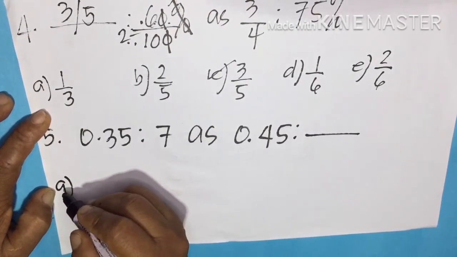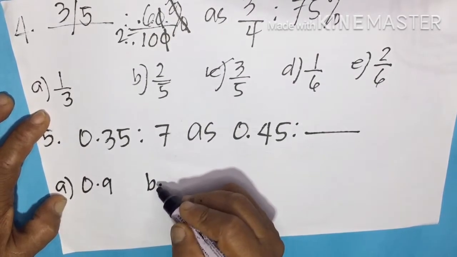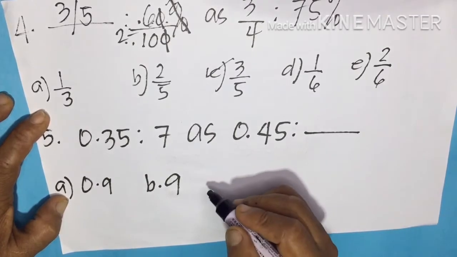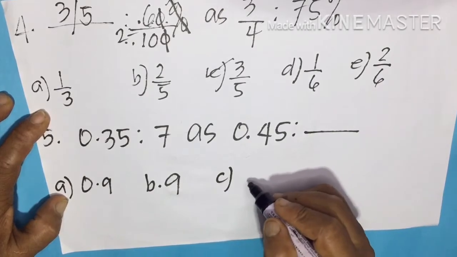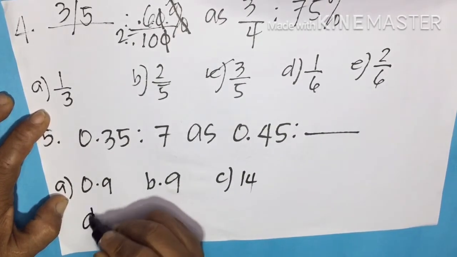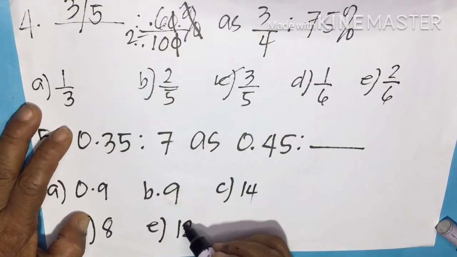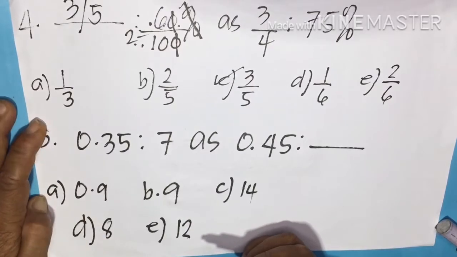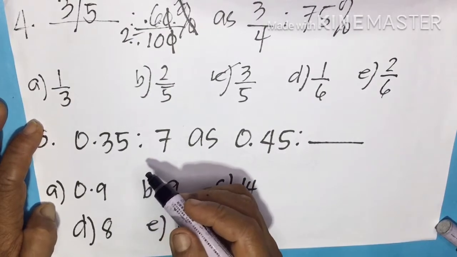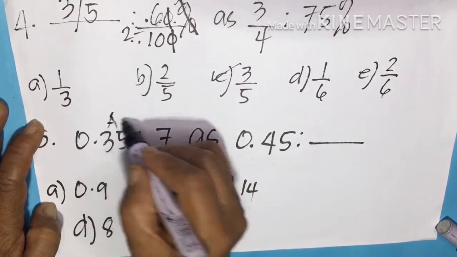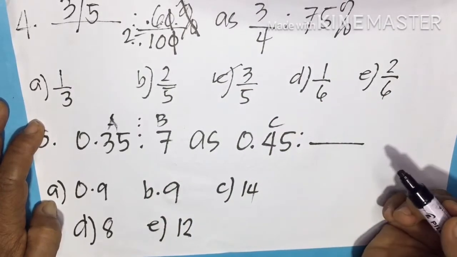Options: A is 0.9, letter B is 9, letter C is 14, letter D is 8, letter E is 12. So, these given numbers, this is A, the partner is B, and C is for blank.